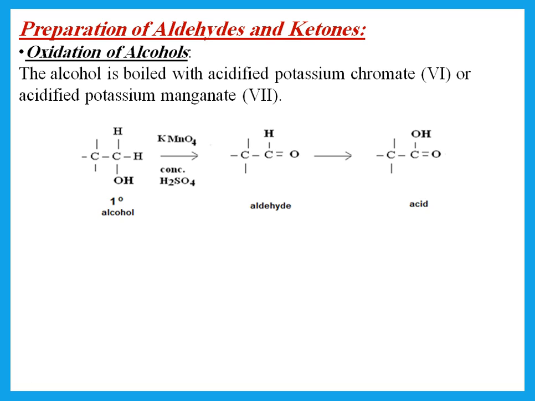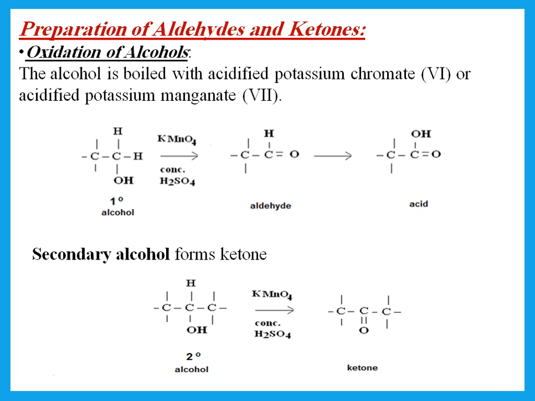So this is one method of getting an aldehyde. So remember, oxidation of a primary alcohol gives an aldehyde. But if I'm doing the same to a secondary alcohol, in that case I get a ketone. Again, we're doing alcohols with an oxidizing agent, acidified potassium dichromate or acidified potassium manganate. Primary alcohols give aldehydes, secondary alcohols give ketones.